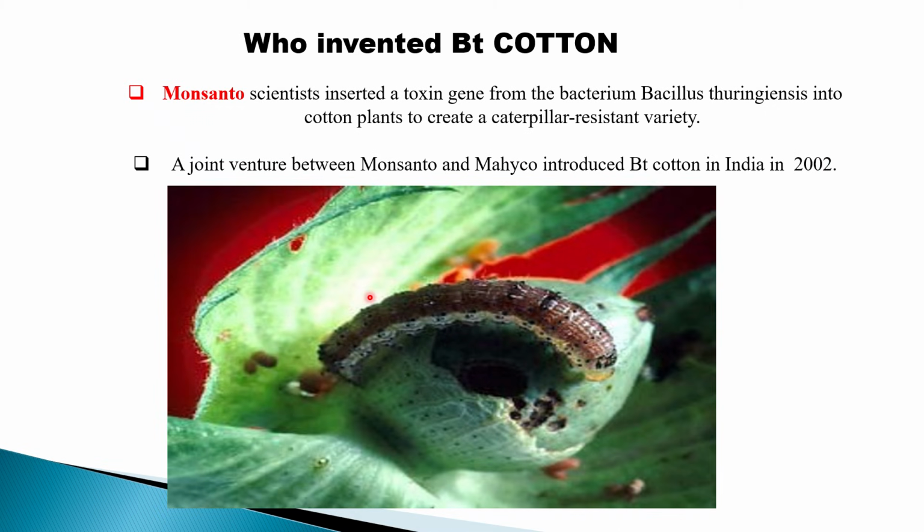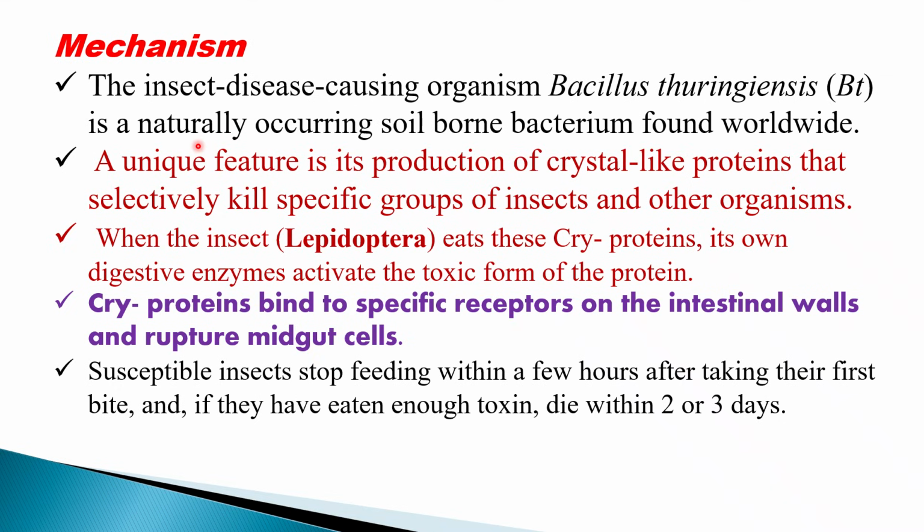You can see here in the diagram a larva feeding on the cotton crop, which means it is damaging the crop. I can say that it is the bollworm damaging the boll. What is the mechanism basically? The insect disease-causing organism Bacillus thuringiensis is a naturally occurring soil-borne bacterium found worldwide.